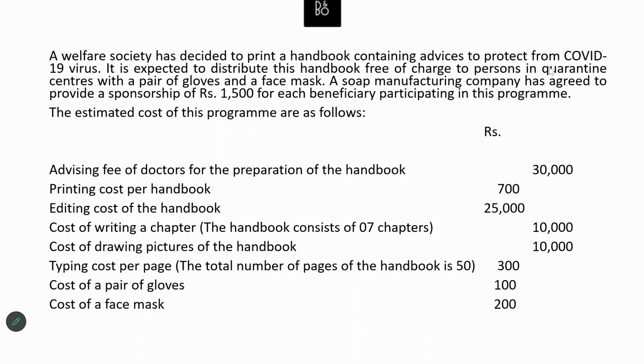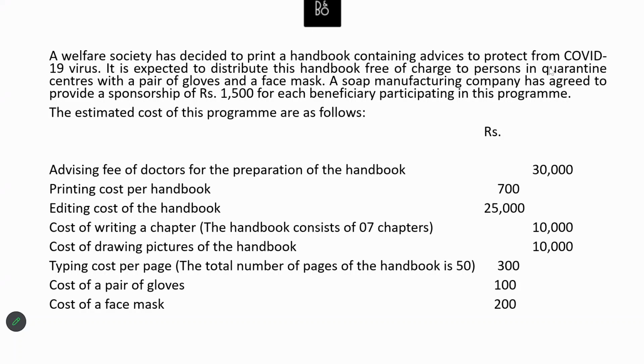If 10 beneficiaries receive the book, the company will give sponsorship for 10 participants, that means 1,500 into 10, 15,000. If there are 100 patients, they will give money for 100 patients. That is their agreement. They are doing this as their CSR, and the welfare society is going to print the book and issue it free of charge. That is the program plan.